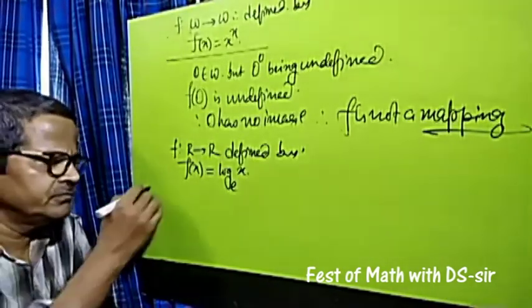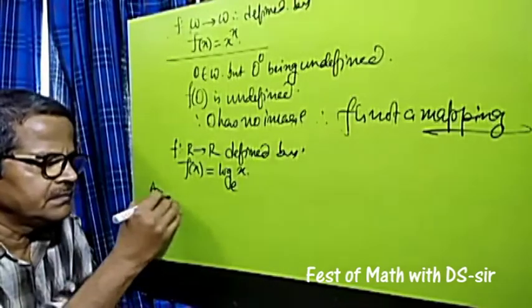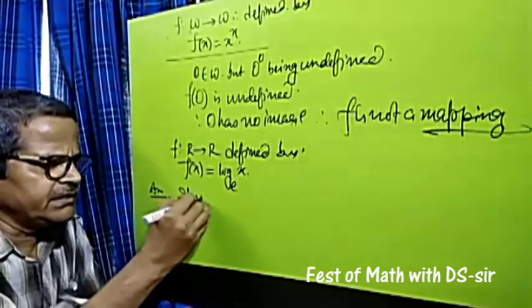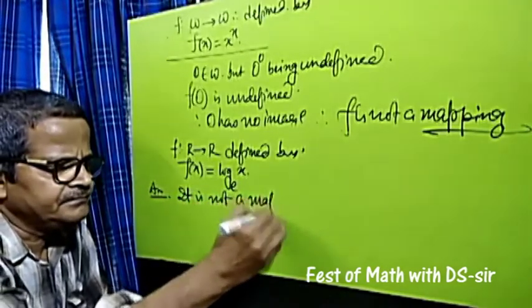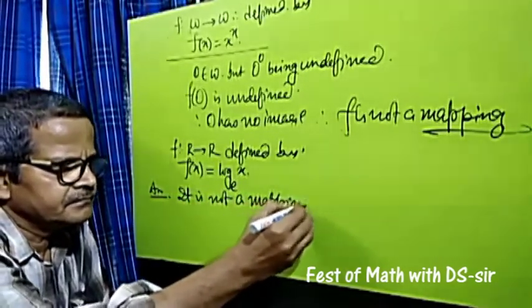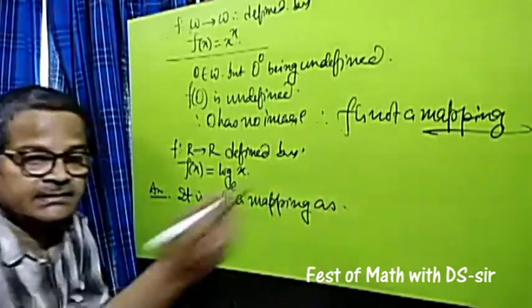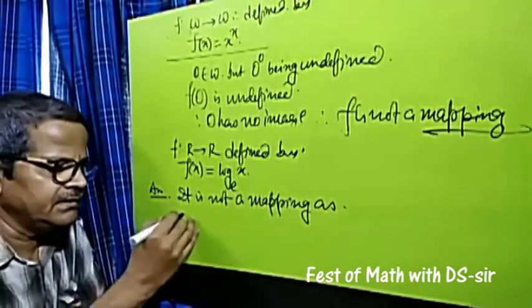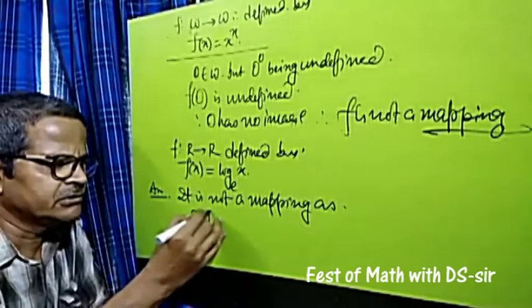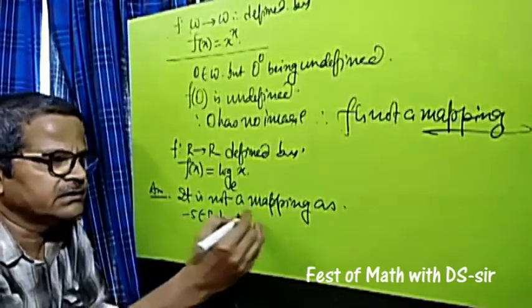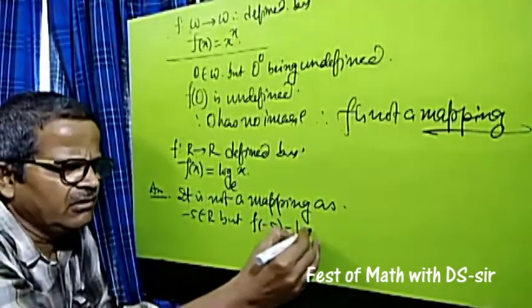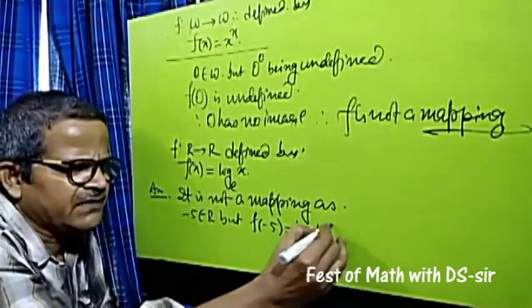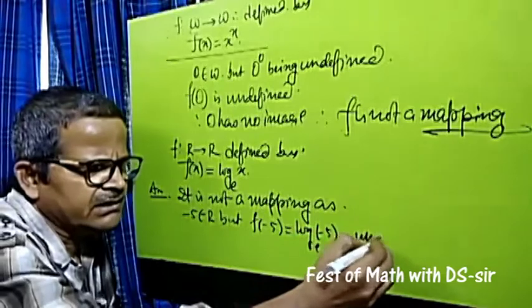The answer is no. It is not a mapping, as there are so many examples. -5 belongs to R, but f of -5 is equal to log of -5, which is undefined.